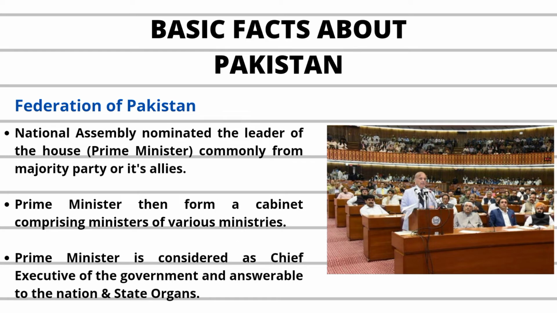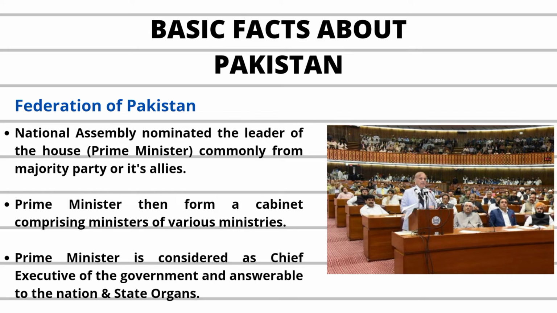If a party does not have a clear majority, it joins together with small parties as allies to form a coalition government, and the coalition government nominates its leader of the House, who is called the Prime Minister.